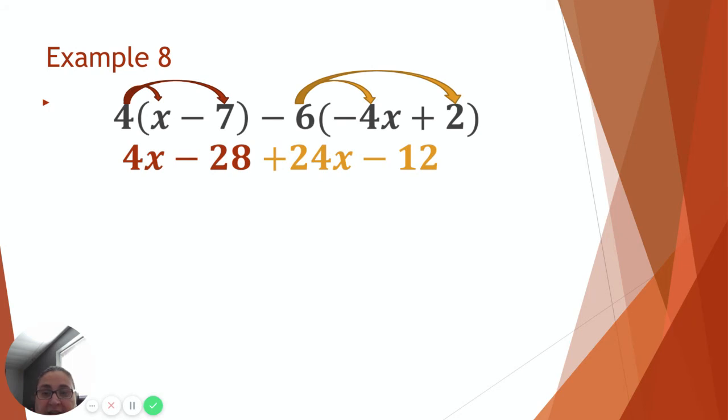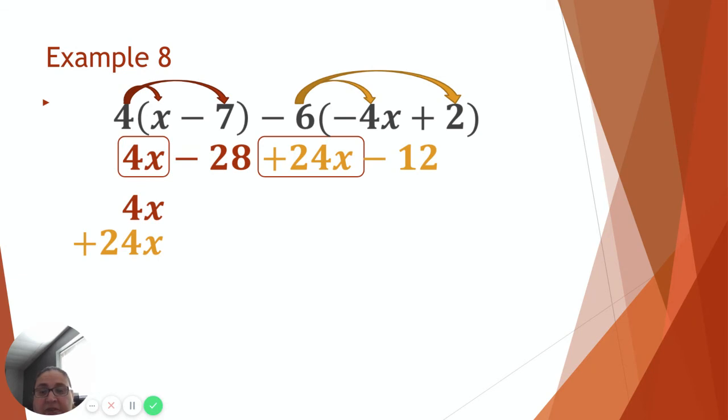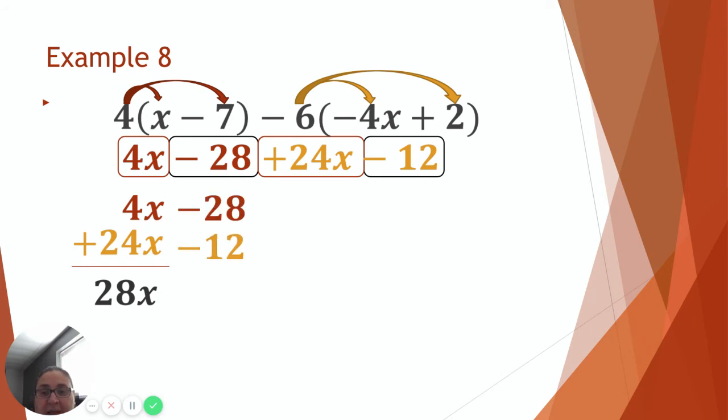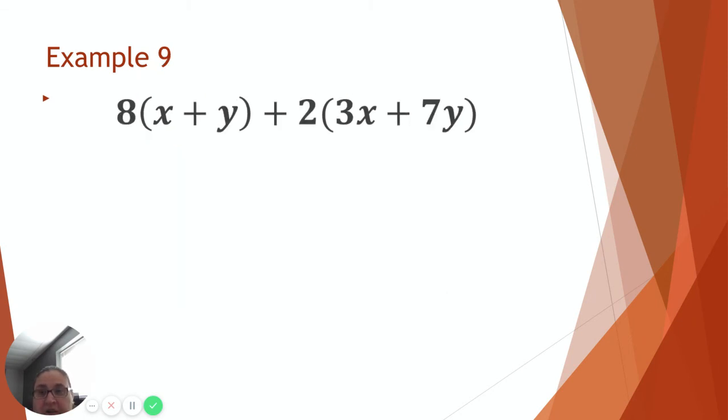As you notice, I have 2 sets of x's, 2 sets of constants, so we want to combine like terms next. I'm going to start with the x's. So when I combine the x's, I got 4x plus 24x, which is 28x. Then I combine the constants, negative 28 minus 12, which is negative 40. So my final answer is 28x minus 40.